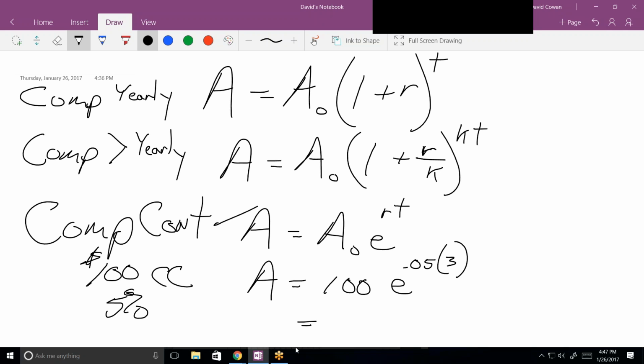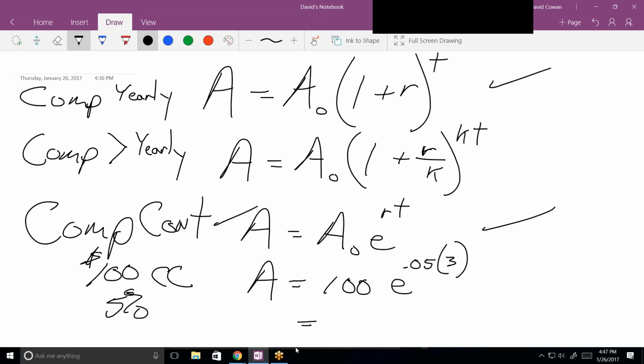And sometimes they'll use this first formula to figure out what it's worth at the end of a few years. But in actuality, you should always use the continuous formula, because nothing decays yearly. Things always decay continuously. If I give you a piece of uranium-238, it's going to decay continuously. So it's always the third formula.